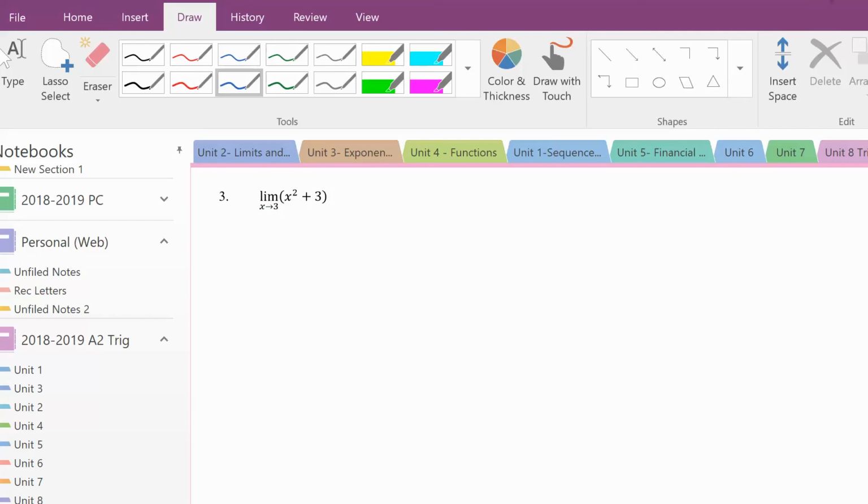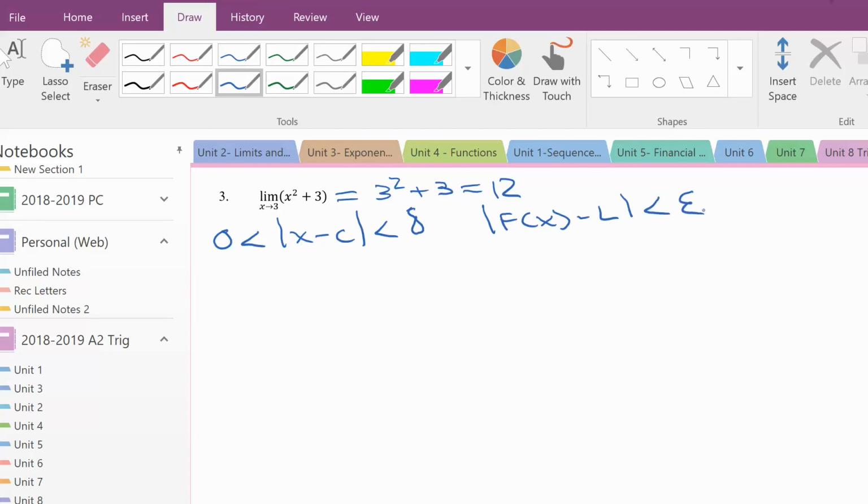Let's try another one, see how it goes. So remember, first thing you do is you find the limit. So 3 squared plus 3, that is 12. So then what we're saying is that the horizontal distance has to be in a range between 0 and delta, and then the vertical distance from the limit has to be less than a number epsilon.